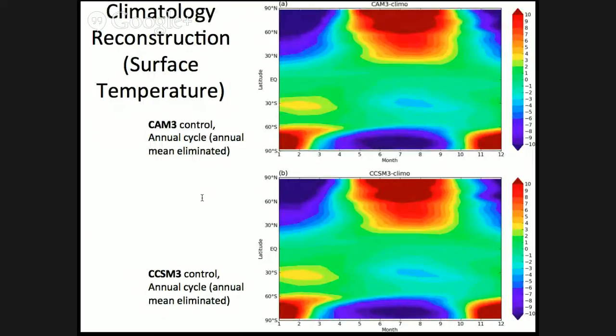I'm going to show the annual cycle of the surface temperature. You see that this is an average annual cycle of the CAM3 control, and this is the CSM3 control. And the annual mean is eliminated. You see that the two are basically the same.